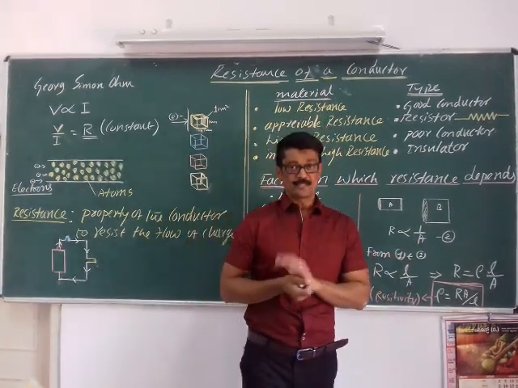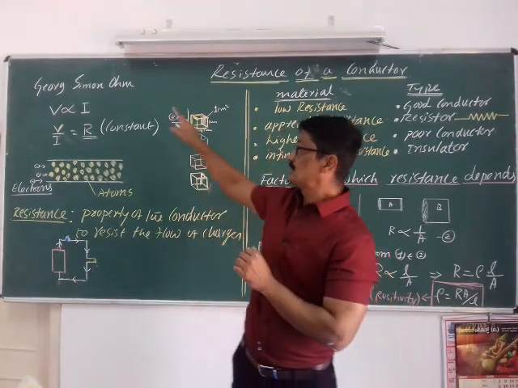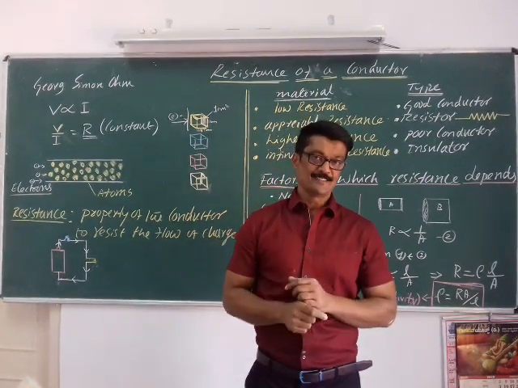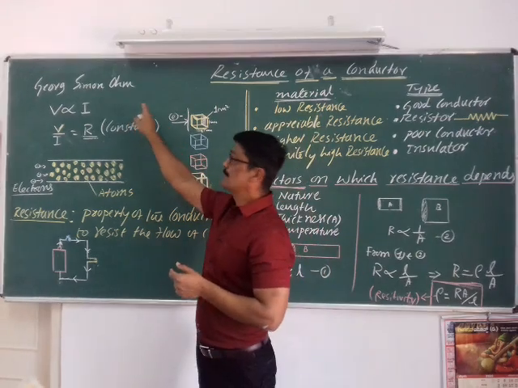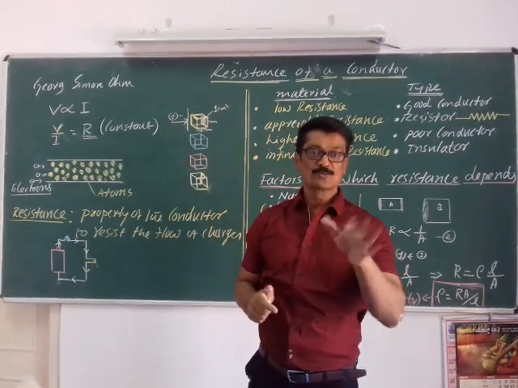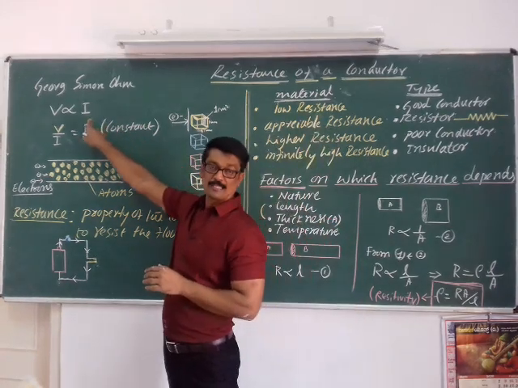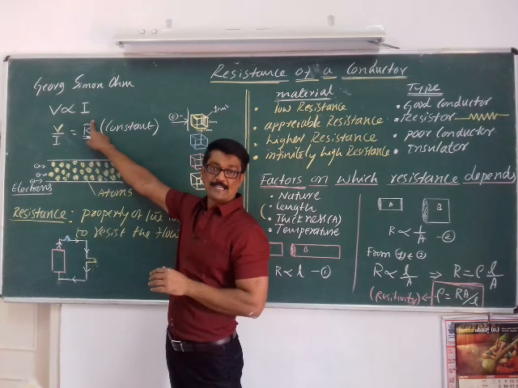In 1827, a German physicist, George Simon Ohm, found this relation, and hence this relation is named after George Simon Ohm and is called Ohm's law. Using symbols, we write Ohm's law like this: V is proportional to I, voltage is directly proportional to current.